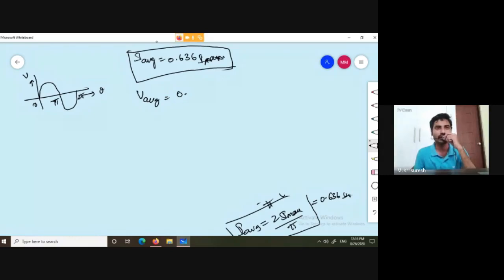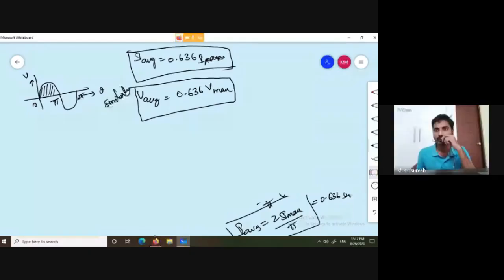We have derived this particular half cycle area so that we will get V average as 0.636 V max. I'm not doing it the same way as in the form of current, we have already done it. So V average we obtained as 0.636 V max.